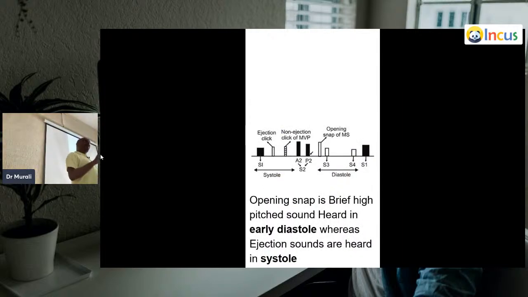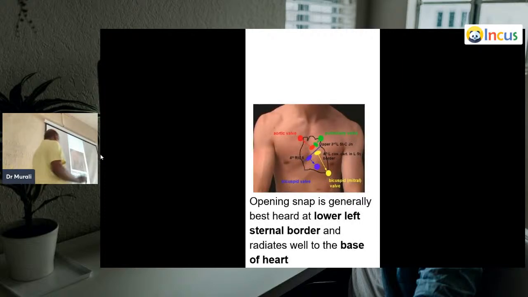Opening snap is a brief, high-pitched sound heard in early diastole, whereas ejection sounds are all heard during systole. Where do you hear the opening snap? Typically at the lower left sternal border, and it radiates towards the base of the heart.